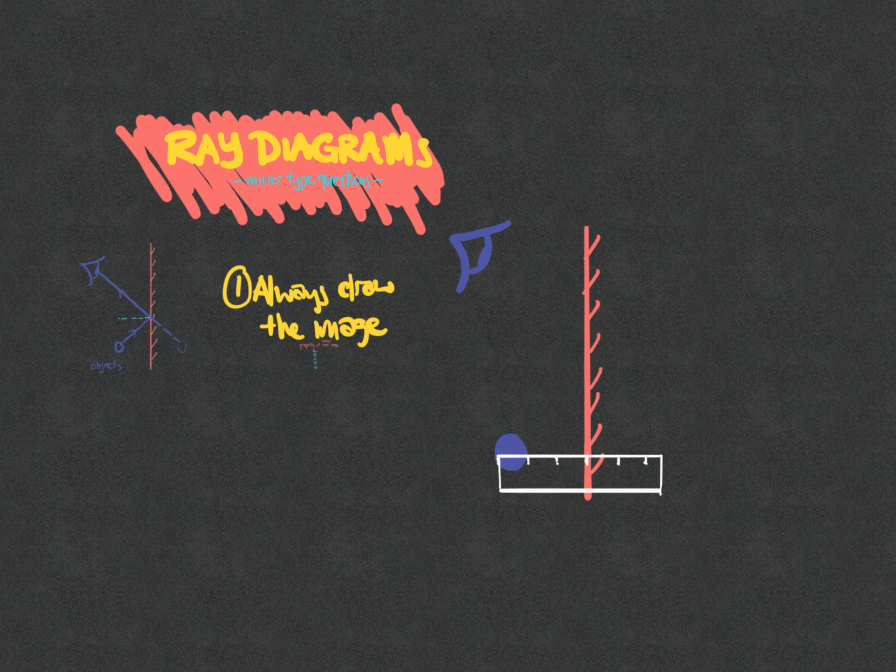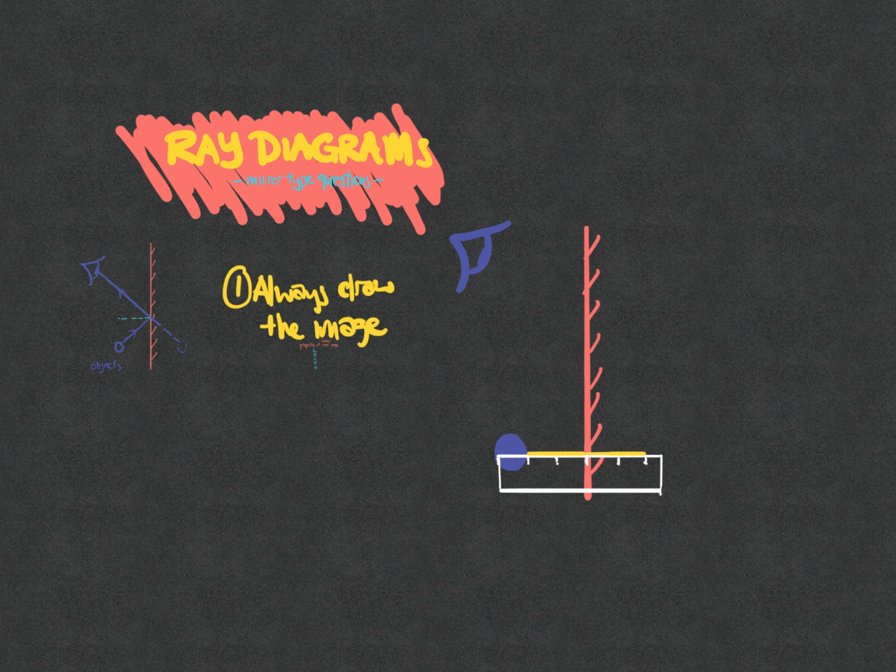And then I will measure from here to here, whatever that is, in this case 2 units. So it's 2 units from the object to the mirror. That means it's going to be also 2 units from the mirror to the image, correct?